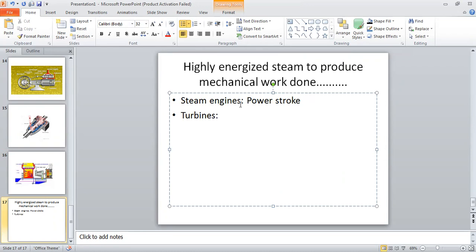So I will take the power stroke of steam engines and the steam turbines.